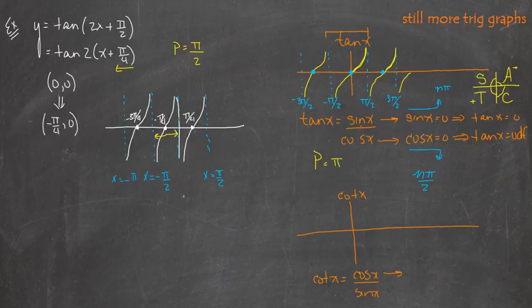And if we figure out where cosine equals 0, then we'll be able to say where the cotangent function equals 0. And if we find where the sine of x equals 0, then we'll be able to say where the cotan of x is undefined.